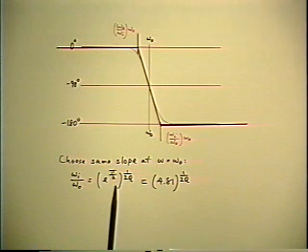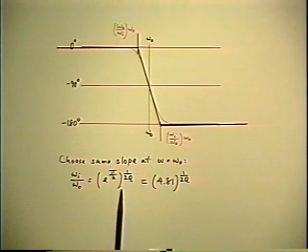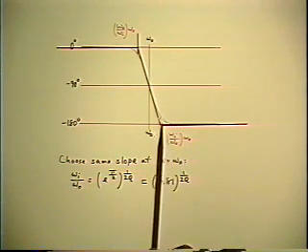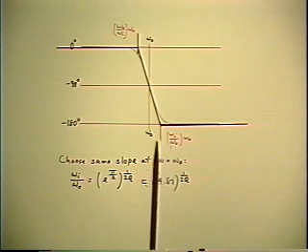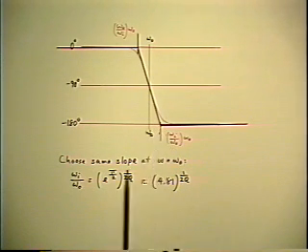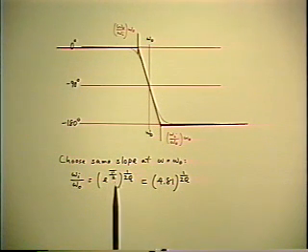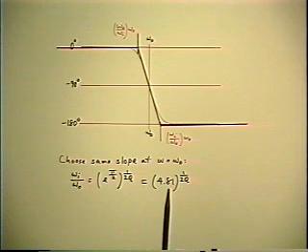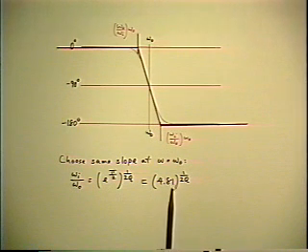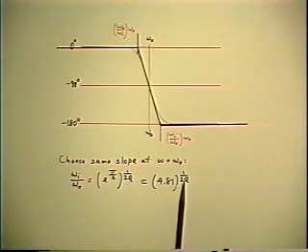The result is a little odd in appearance. The ratio of this intercept frequency omega I to the corner frequency is this rather peculiar number: e to the pi over 2, which is just a number, happens to be 4.81, raised to the power 1 over 2Q.